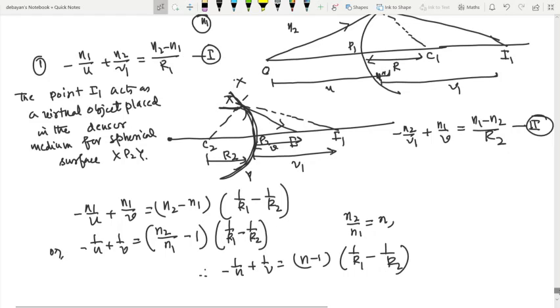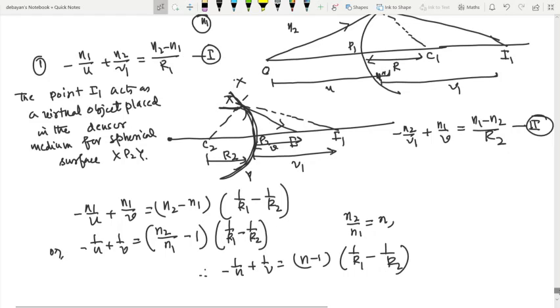So if u equals infinity and we put that, we get 1 by f equals n minus 1 times 1 by r1 minus 1 by r2.